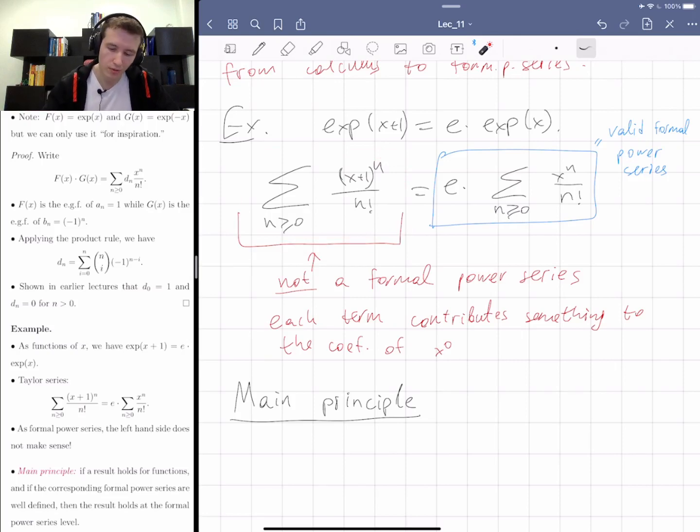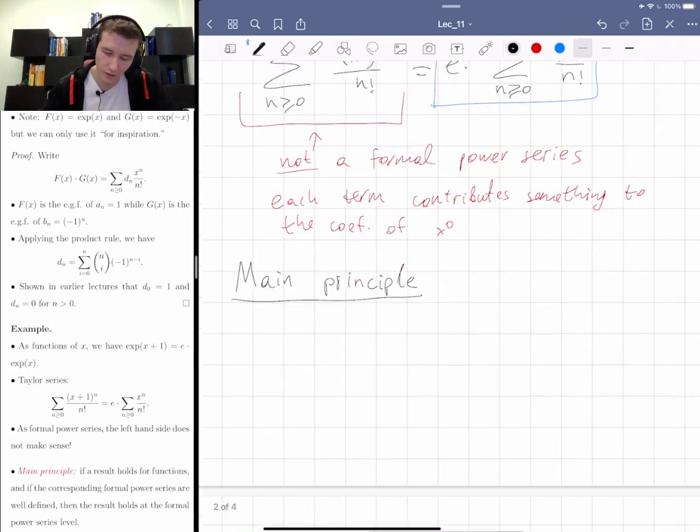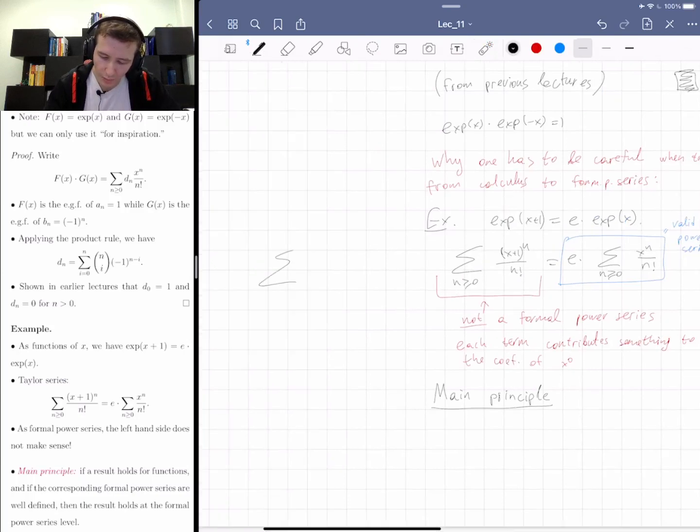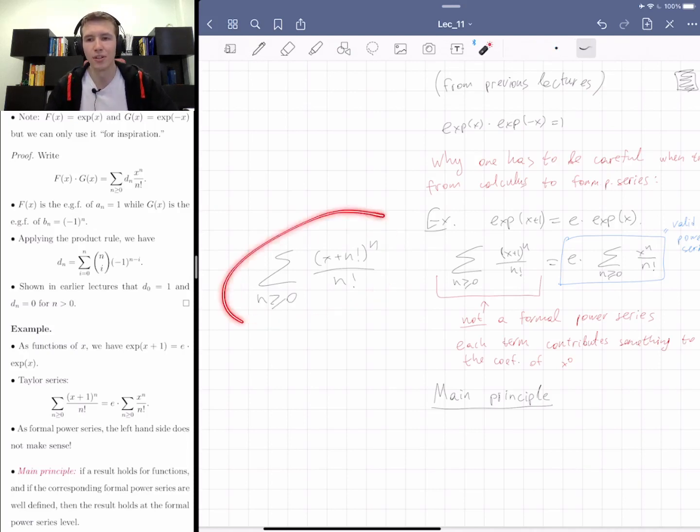I mean, maybe I should try. Here's another similar looking statement: x plus n factorial to the n over n factorial. If you try to think, this object does not make sense, right?